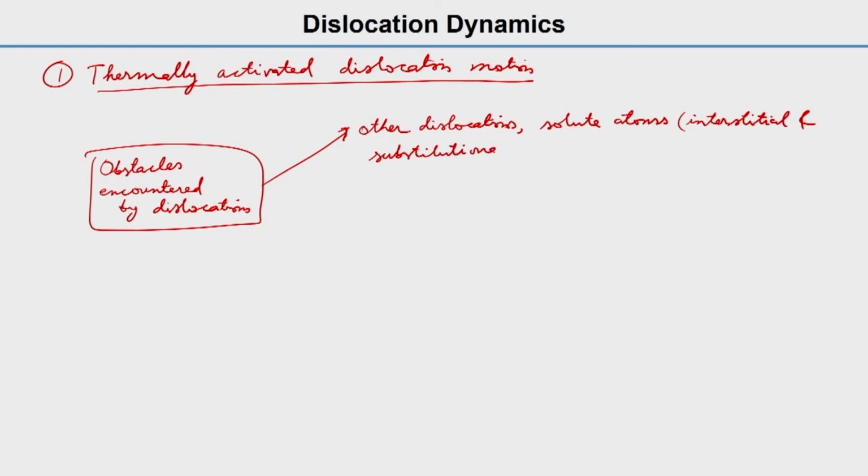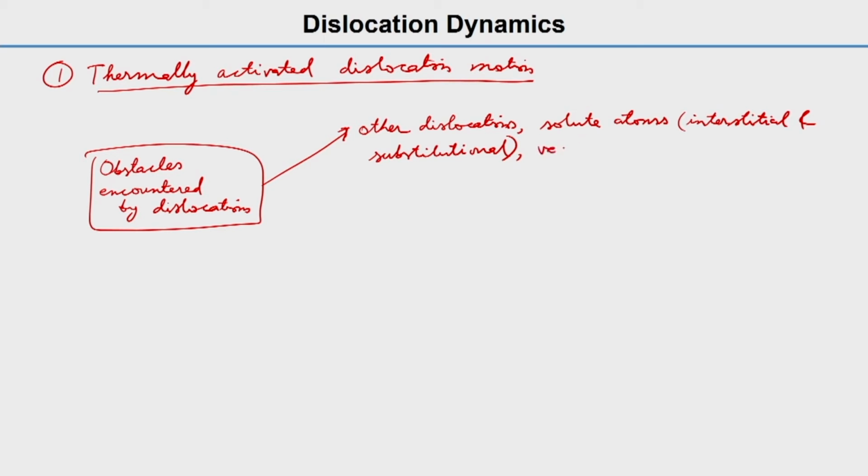So what we discussed are different crystal defects and also strengthening mechanisms, where we discussed that the dislocations encounter some obstacles, and that way the material gets strengthened.